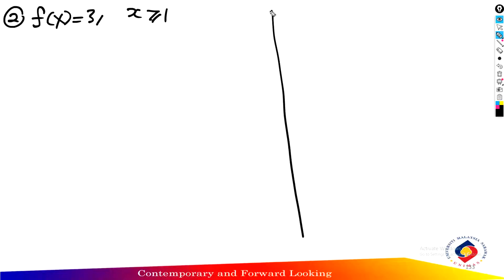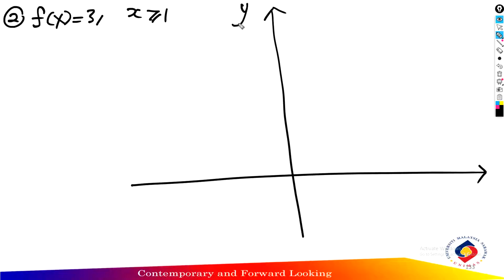Okay, and the second function, the graph of the constant function.